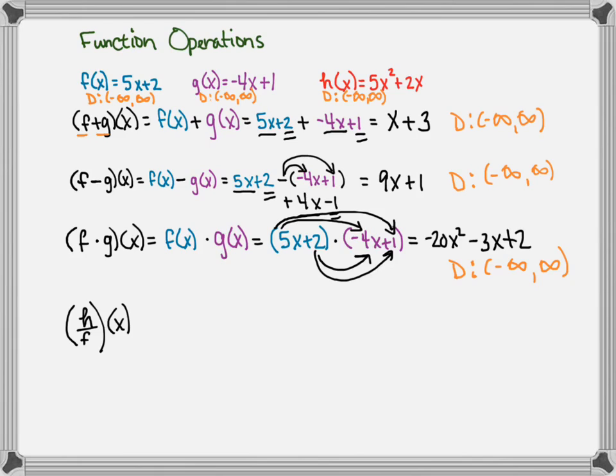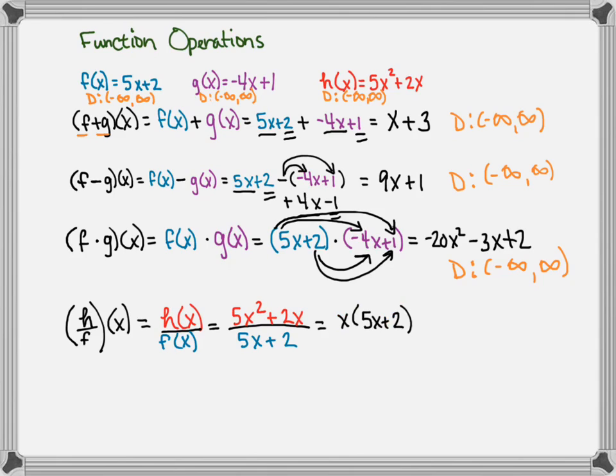Okay, one more operation, the quotient. H divided by f of x. This is the same as h of x over f of x. Okay, so h of x is 5x squared plus 2x over f of x, which is 5x plus 2.